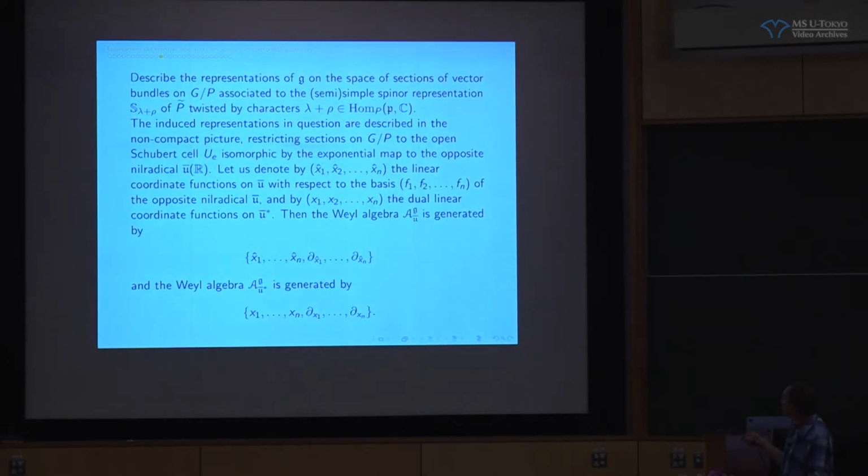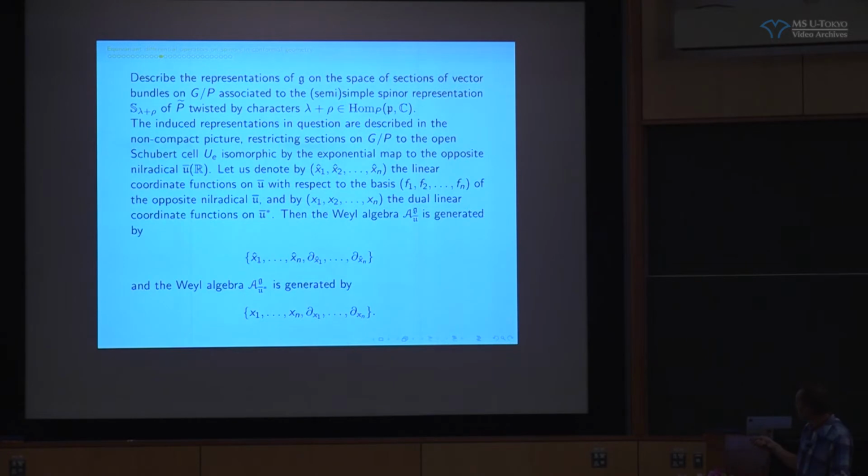And then we have to introduce the collection of coordinates. So again, with respect to the root spaces, we denote by x1 hat up to xn hat the linear coordinate functions on U bar, the dual of the nilradical corresponding to the choice of parabolic, and by x1 up to xn the dual linear coordinate functions on U bar star.